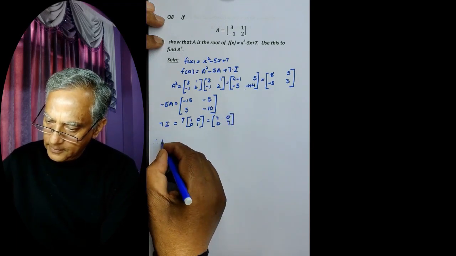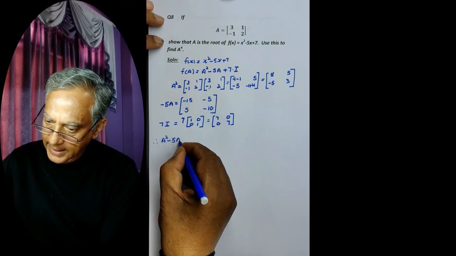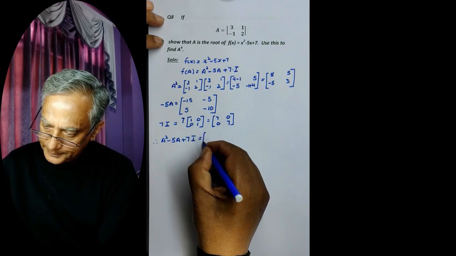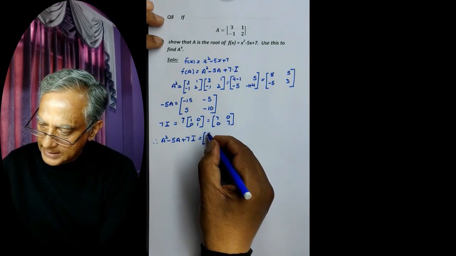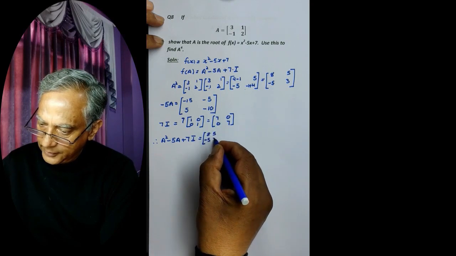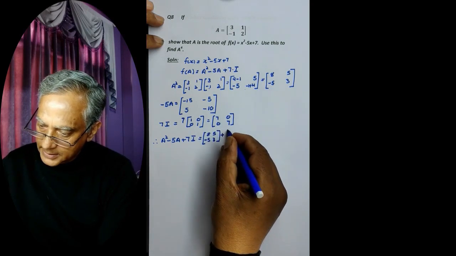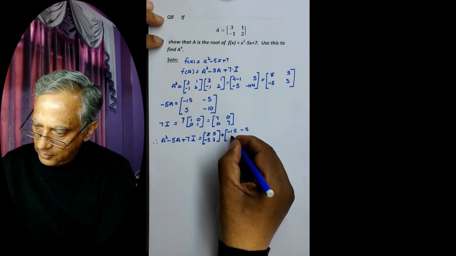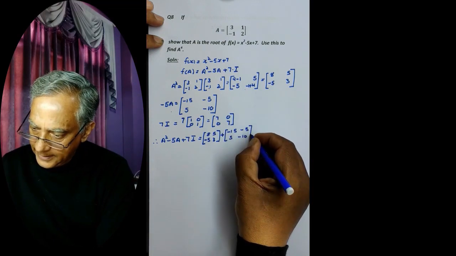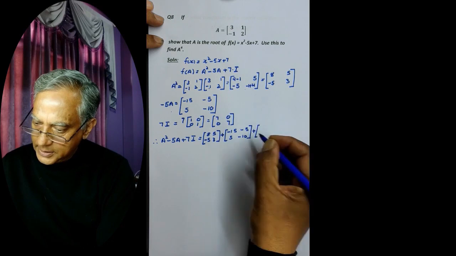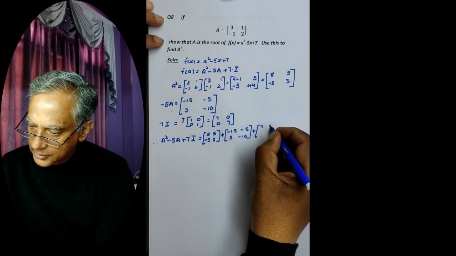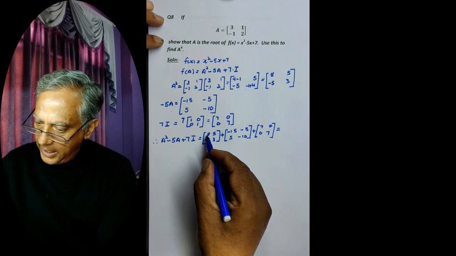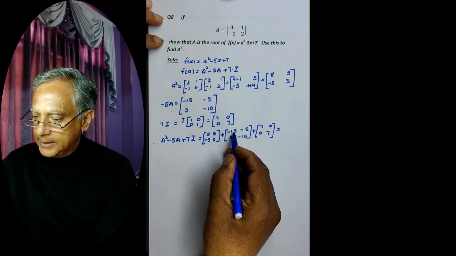And therefore, A square minus 5A plus 7I is equal to A square, which is [8, 5; minus 5, 3], plus minus 5A, which is [minus 15, minus 5; 5, minus 10], plus 7I. 7I is [7, 0; 0, 7]. And this is equal to, now 8 minus 15 is minus 7.